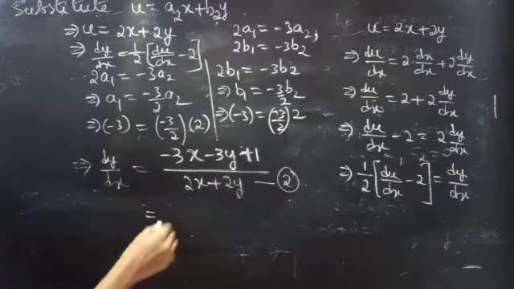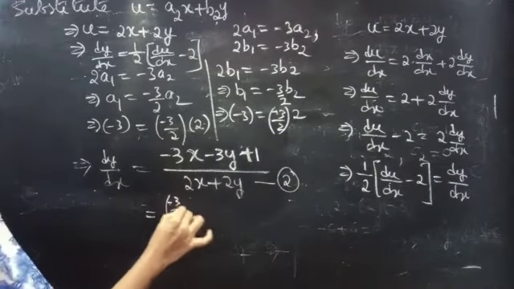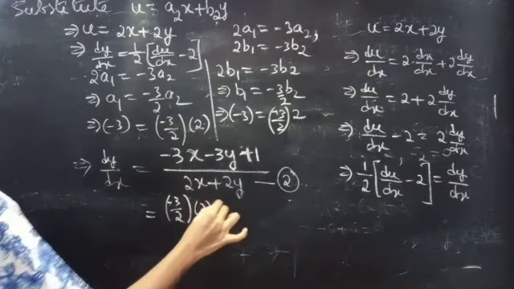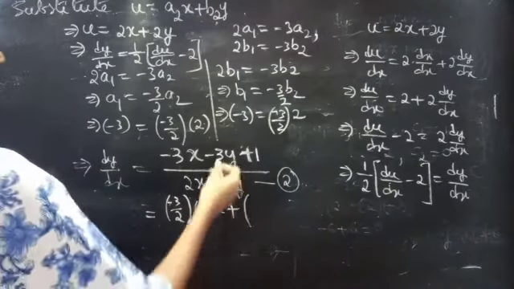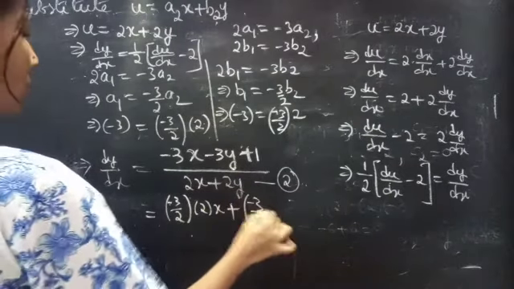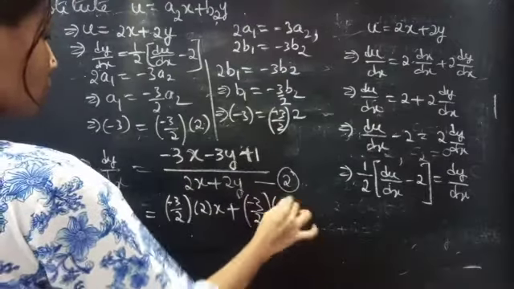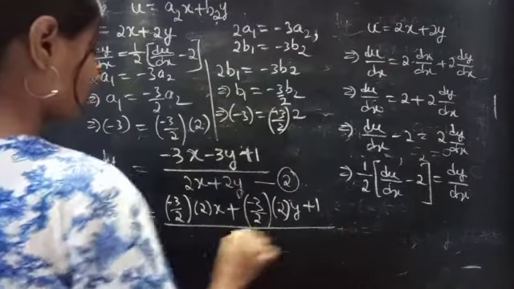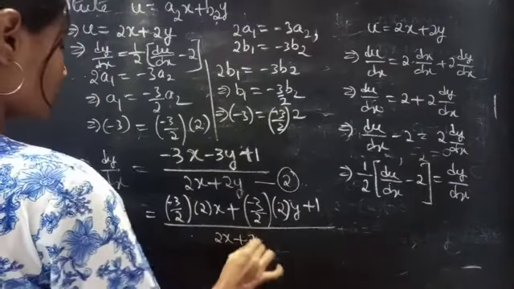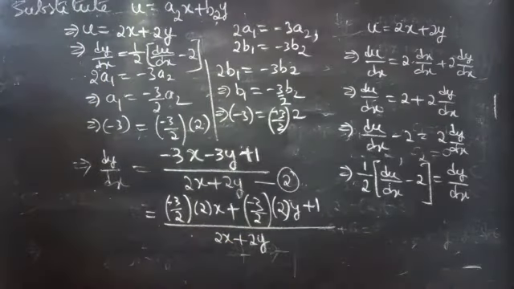Then you'll get minus 3 by 2 into 2 into x plus, we are replacing minus 3, minus 3 by 2 into 2 into y, plus 1, by 2x plus 2y.